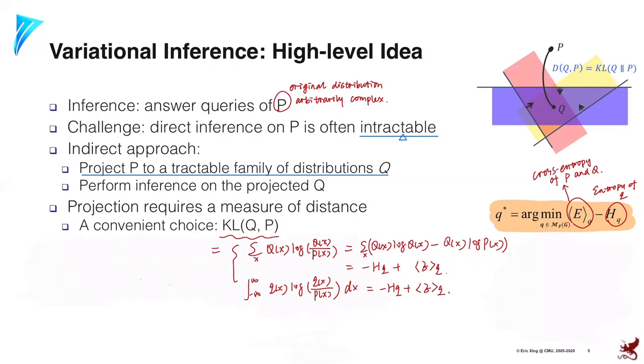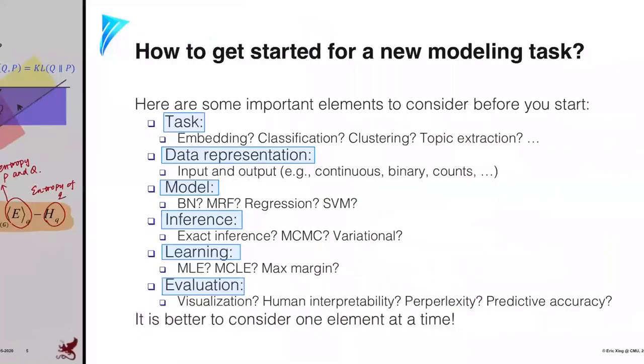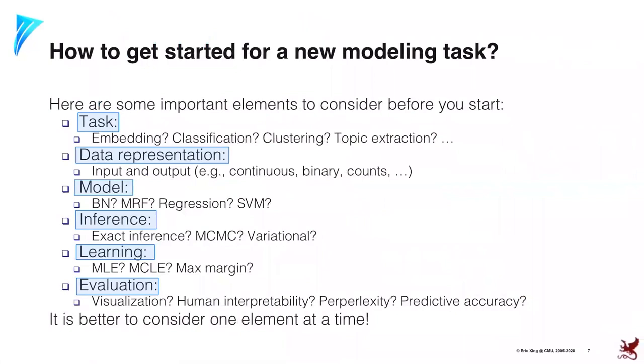But now let's first just focus on one example application, which is this LDA application. Okay, so first of all, we consider the steps that we should consider when having a new modeling task.